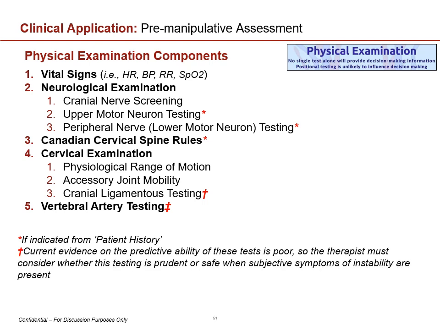It should be noted with the ligamentous testing that current evidence of the predictability of these tests is poor. So the therapist must consider whether this testing is prudent or safe based on the subjective symptoms, or if instability may otherwise be present. I will say that the documentation of this within your note may help you should there ever be litigation or a lawsuit against you.